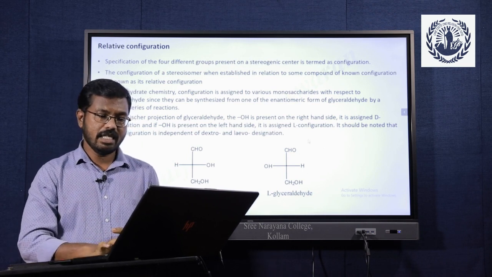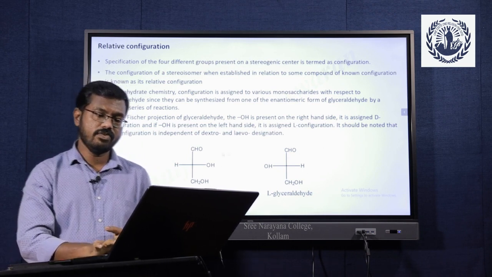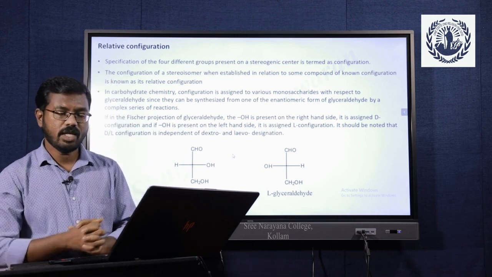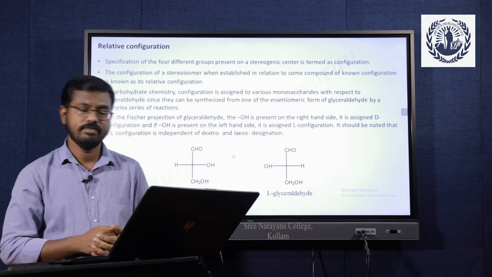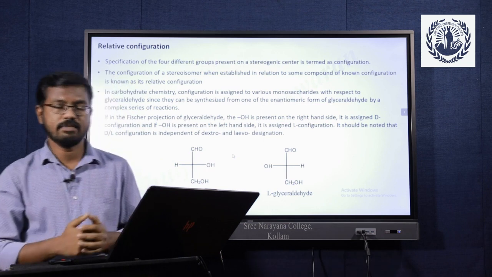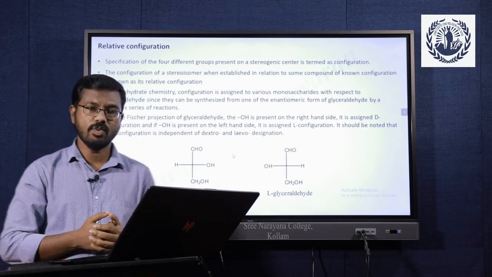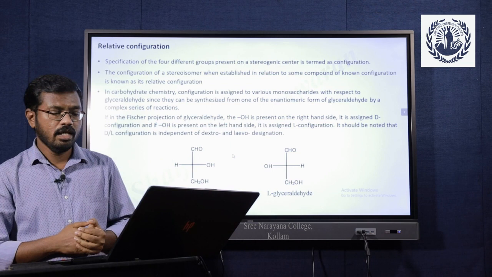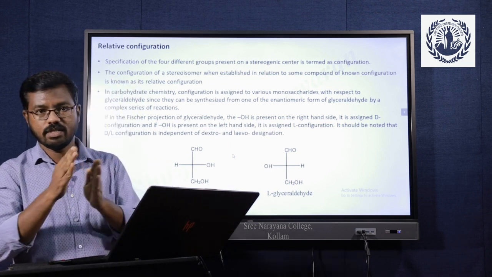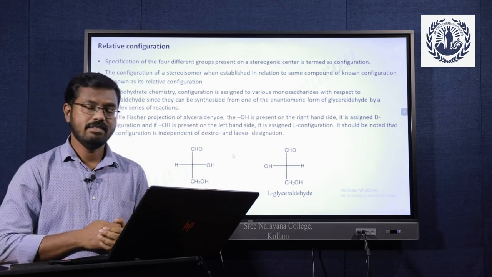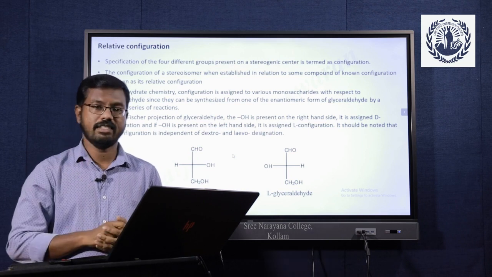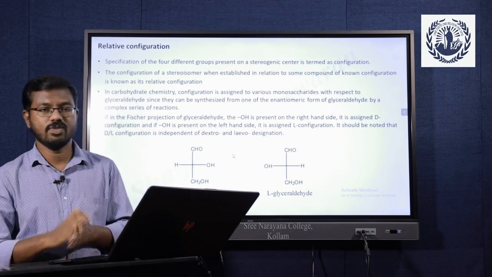So, I have shown here the Fischer projection formula of glyceraldehyde. Here, the oxidized group is at the top. In that way we have to write the Fischer projection formula. I will explain the rules later. Now, in this Fischer projection formula, if the OH group is on the right side, then it is termed as D-glyceraldehyde. D means with capital letter D. The small letter d means dextro, that is different.